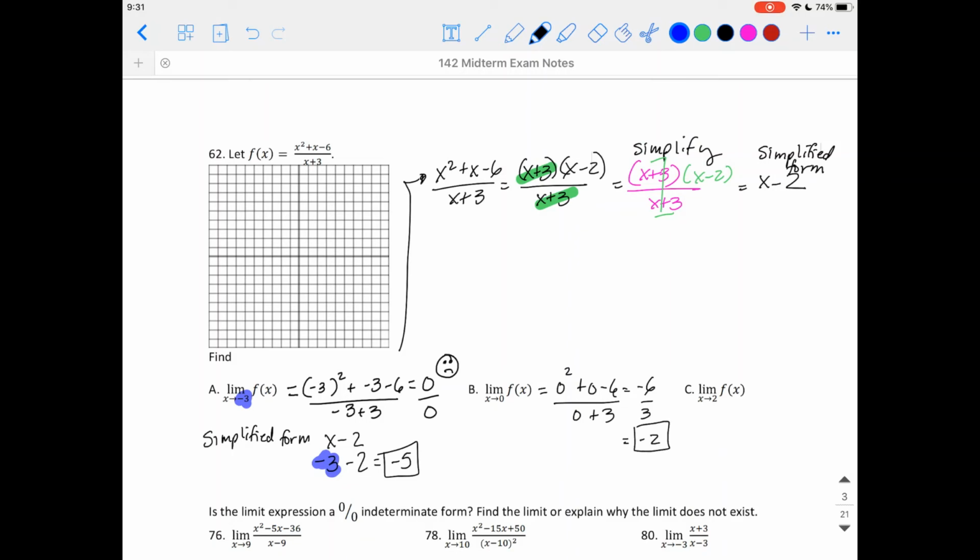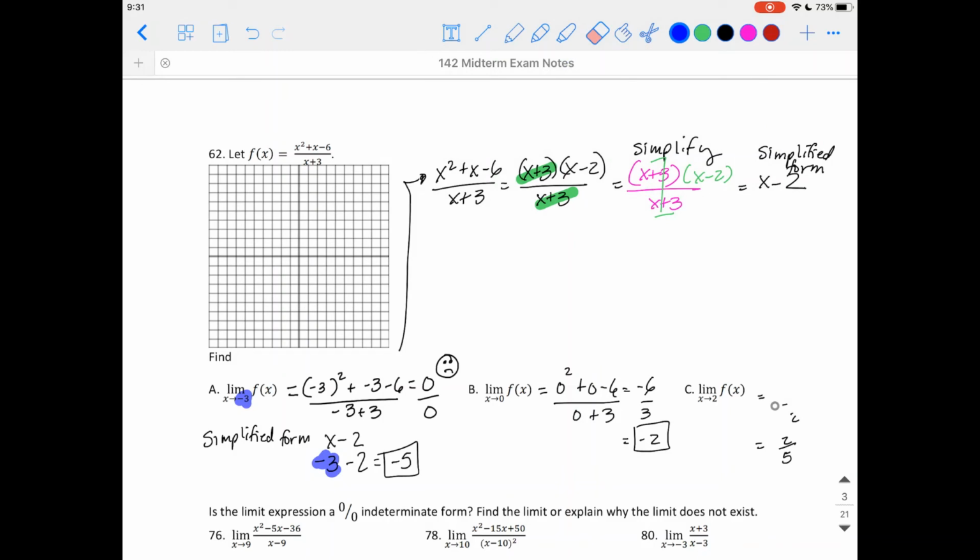The limit of f of x as x approaches 2. So I'm just going to put 2 squared plus 2 minus 4 over 2 plus 3. I'm sorry, I should have put a 6 there.